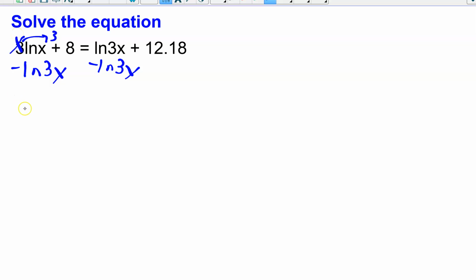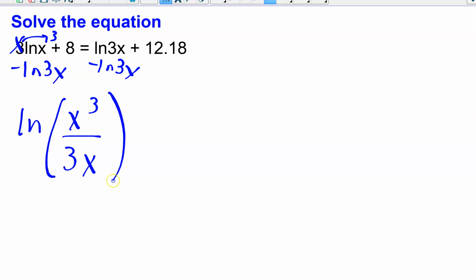So now I'm going to do the natural log of x cubed over 3x. When I'm subtracting logs, if I'm going to merge them together, I need to divide. Equals, and I'm going to subtract 8 from both sides. So that's just going to be 4.18.